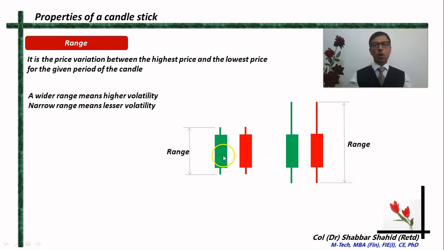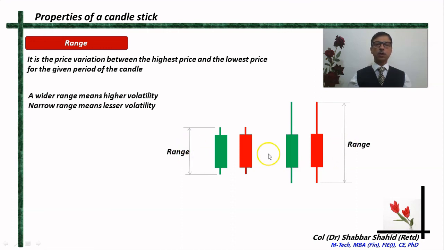In all these 4 candles, the body size is the same. I have purposely kept them the same. Here, in this green candle and this green candle, in this red candle and this red candle, the opening and closing are the same, but the range is different.